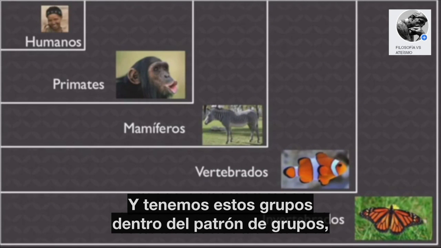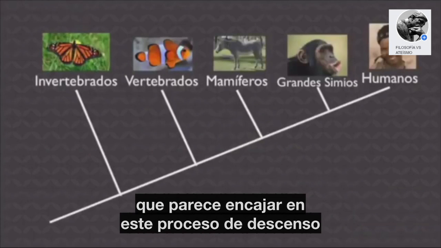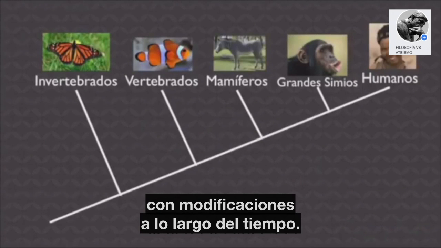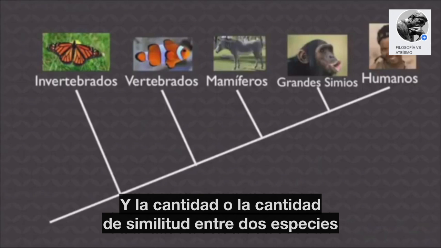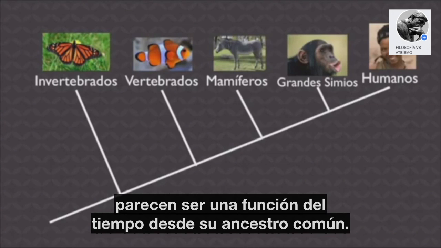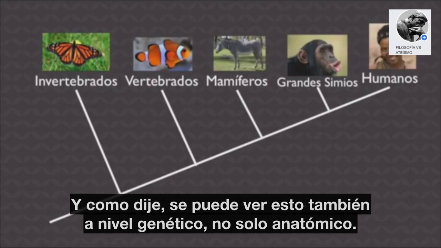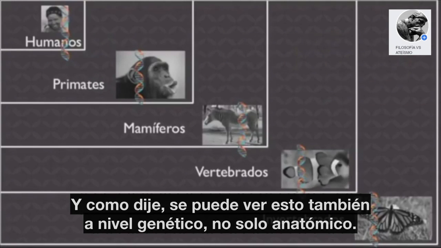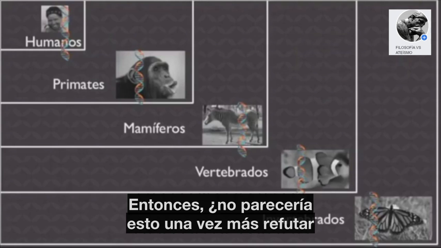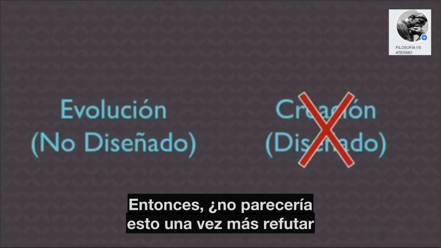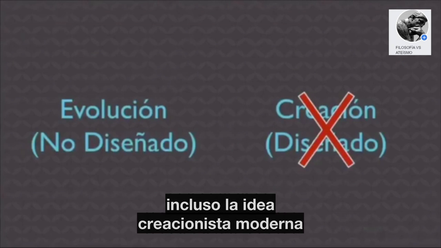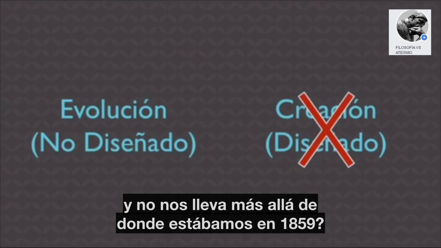You have this groups within groups pattern, which would seem to fit this process of descent with modification over time, and the amount of similarity between any two species would seem to be a function of the time since their common ancestor. And like I said, you can see this as well at the genetic level, not just the anatomical. So wouldn't this seem to once again disprove even the modern creationist idea and get us no further than where we were in 1859?